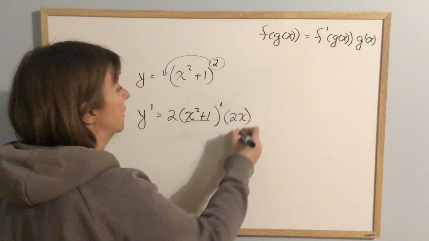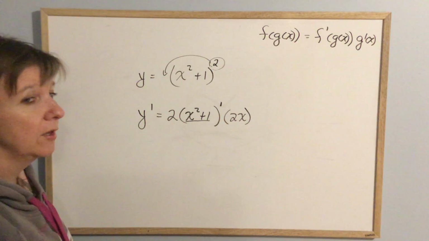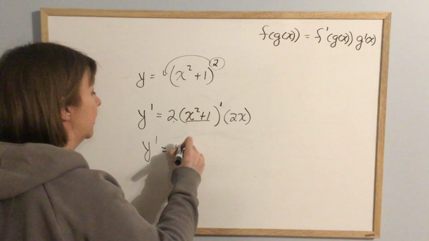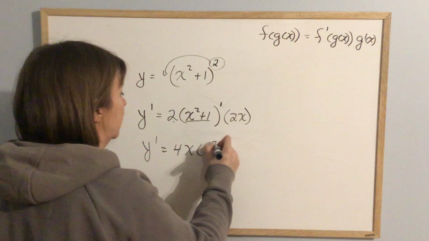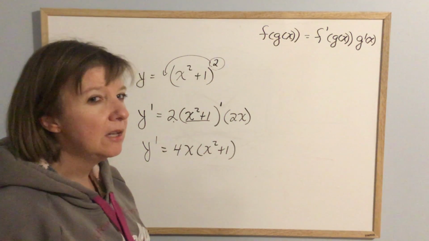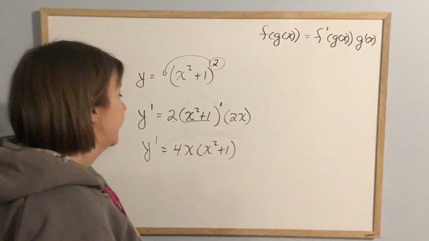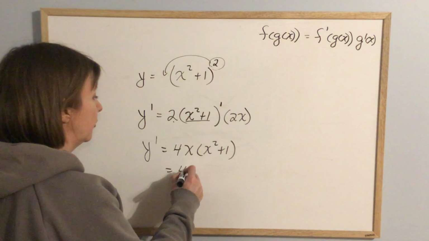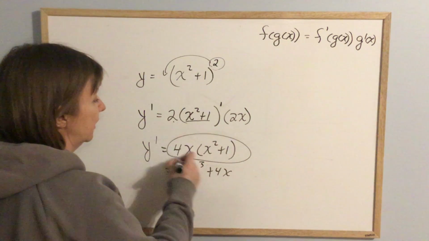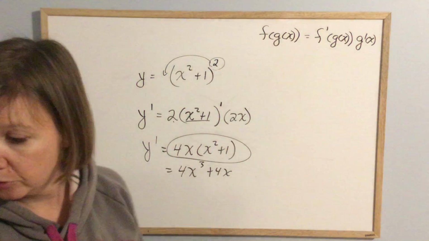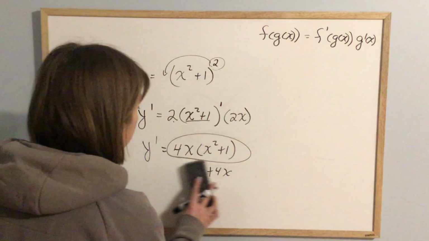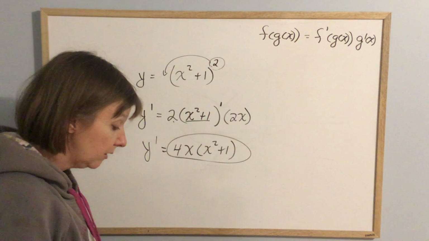That would be 2x. So then you can clean that up a little bit. 2 times 2x is 4x times (x squared plus 1). You could actually leave it like that. If you want to get really technical, I suppose you could do this as 4x cubed plus 4x. But really, that way is the most preferred way anyway, all factored out. So that's your derivative. So not so bad.